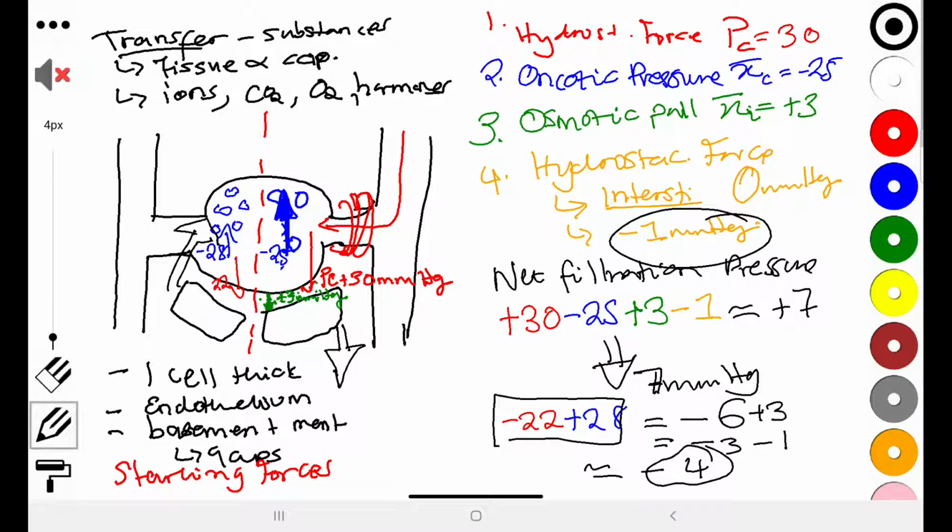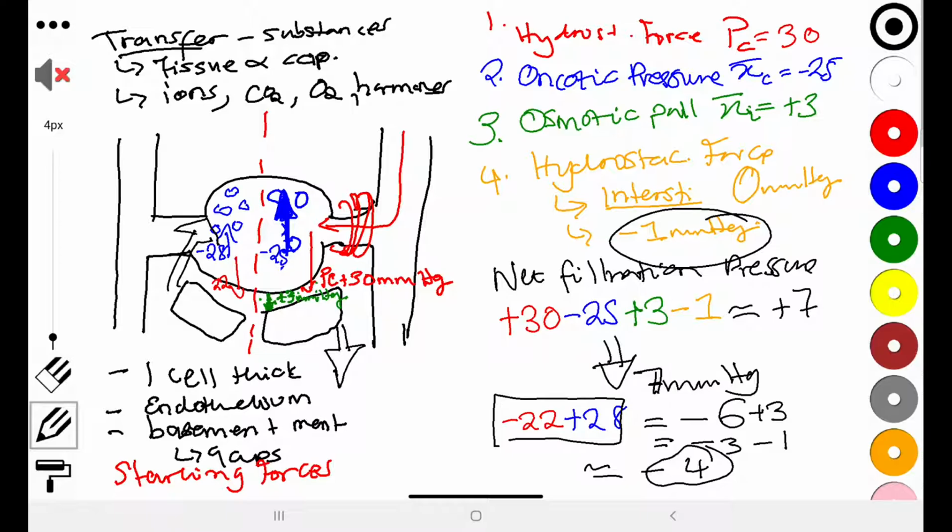So you're going to have a suction system that is happening on the venous side. So the results are that on the arterial side you have a net filtration out of the capillary, whilst on the venous side you have a net absorptive pressure that is going on.